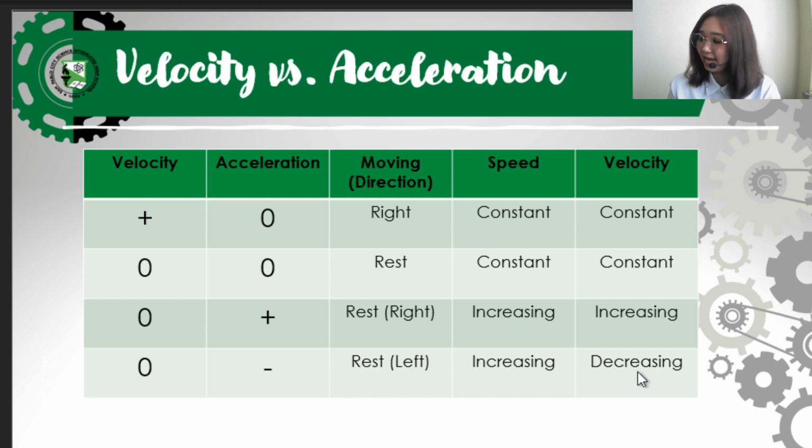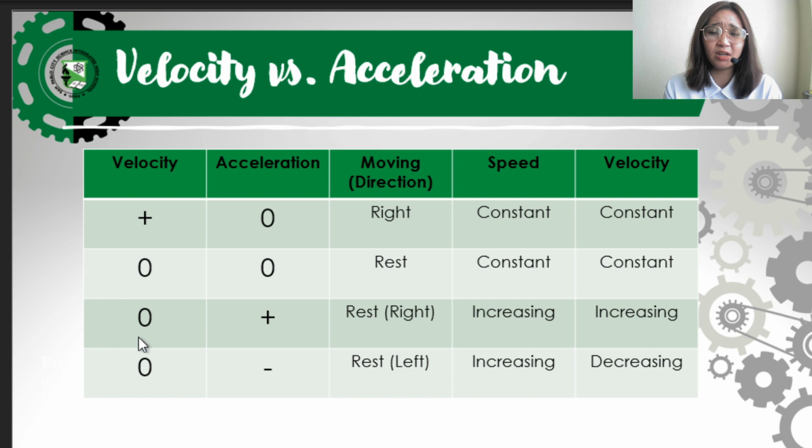Lastly, we have positive velocity but zero acceleration. So, we have no acceleration. The body is moving to the right but with constant speed and constant velocity. If both velocity and acceleration are zero, most probably your object is stopped or at rest with constant speed. Of course, it is stationary, so constant speed and constant velocity.